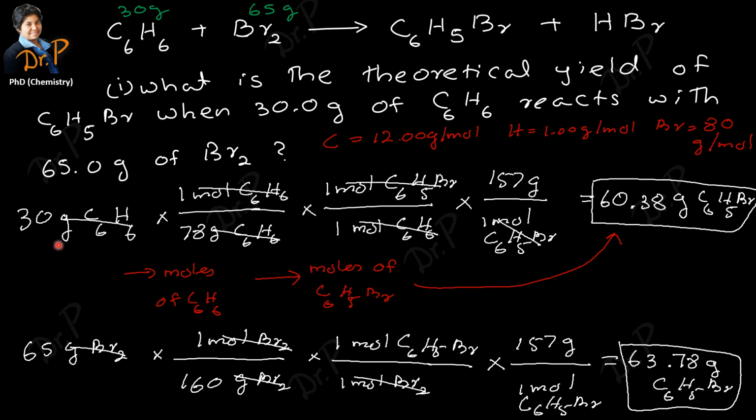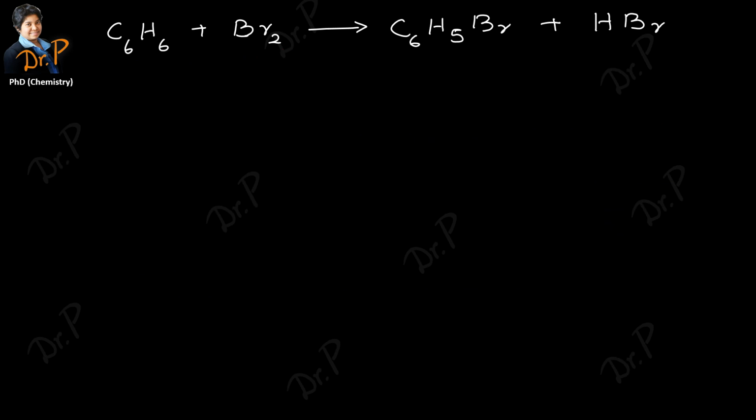So in this reaction, our benzene is going to be the limiting reactant, and Br2 is the excess reactant. So what is our theoretical yield of bromobenzene? It is this, 60.38 grams.